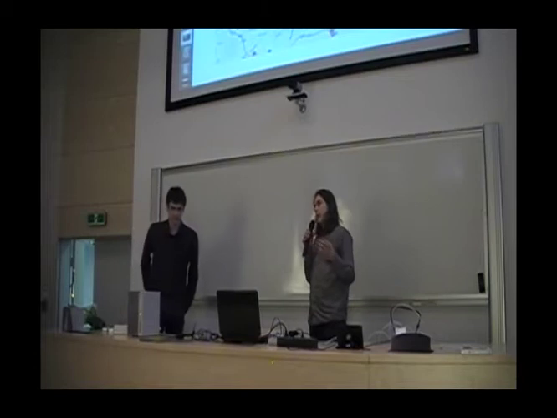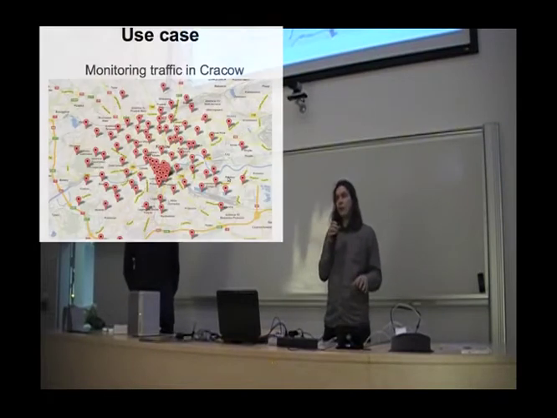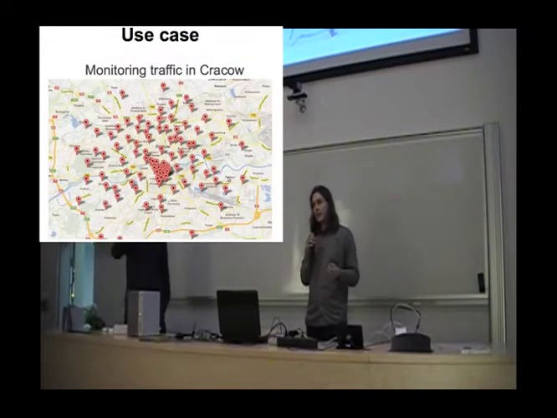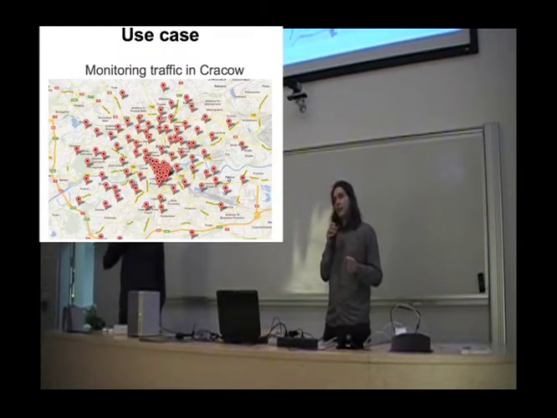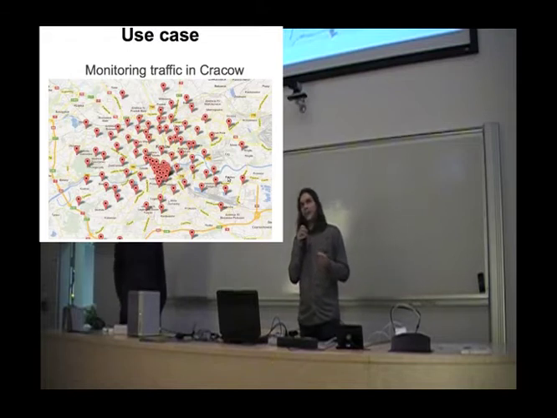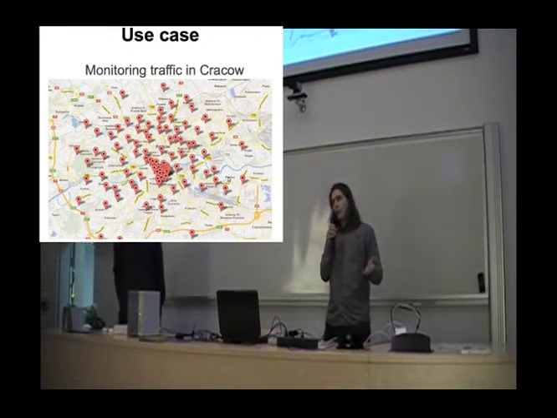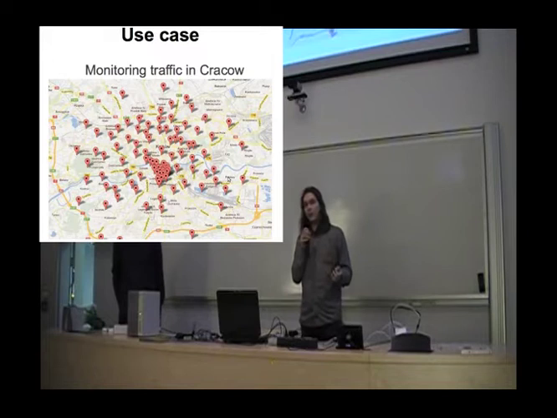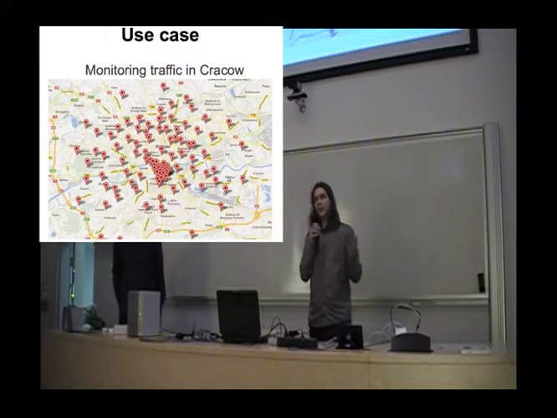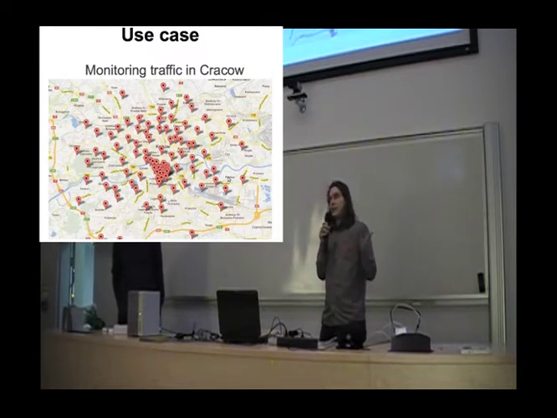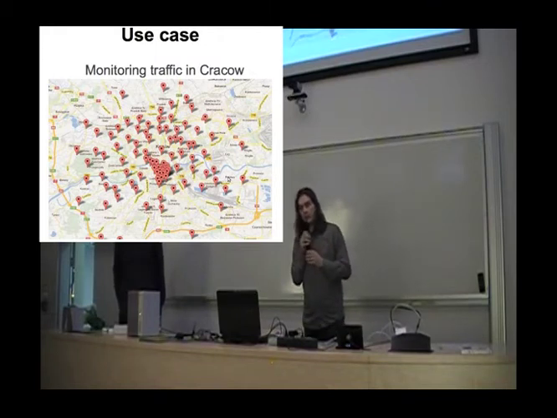Then we have to place them in key points in Kraków or even in our cars. And those devices can connect via a GSM network, which is rather slow. It has low bandwidth and it isn't reliable. We can imagine a device in a car which is passing through a tunnel and then it loses coverage.